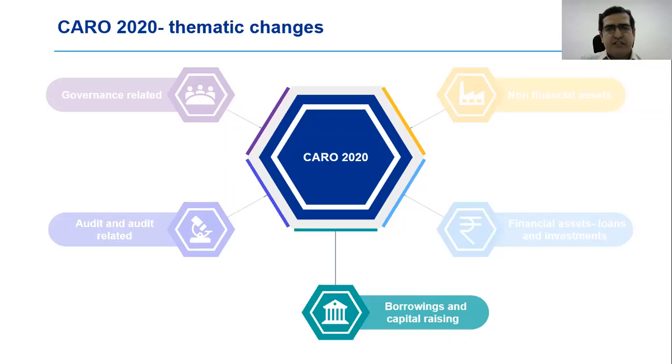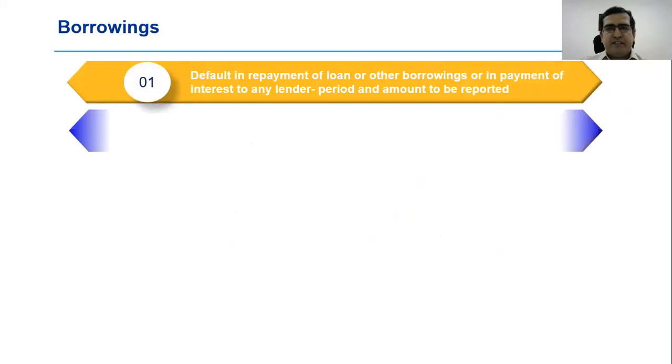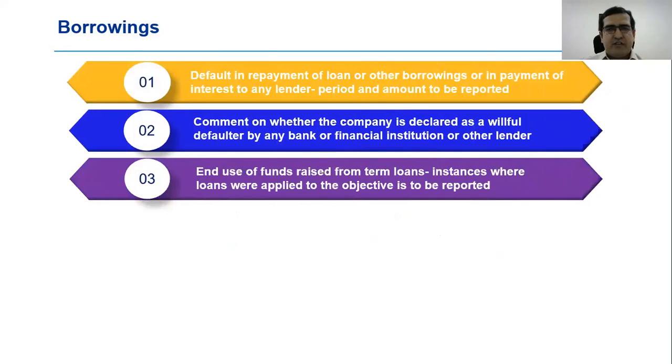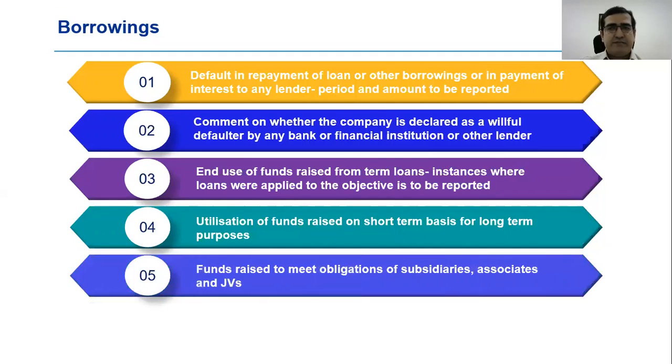I think that's one real key theme that runs across this entire CARO 2020. For example, we will look at some of those when we look at the points related to borrowings and capital raising. To summarize this theme, we cover clauses that relate to borrowings and utilization of funds. We cover a wide range of topics that deal with how the entity does liquidity risk management.